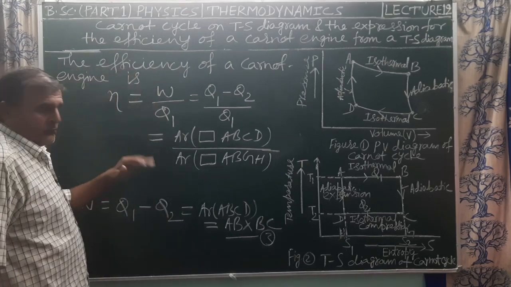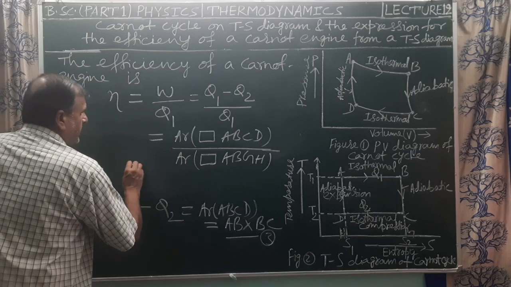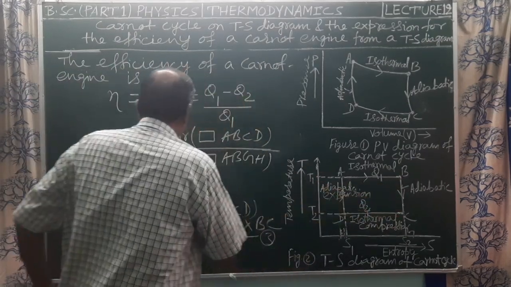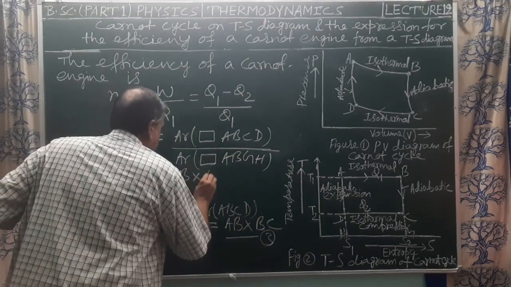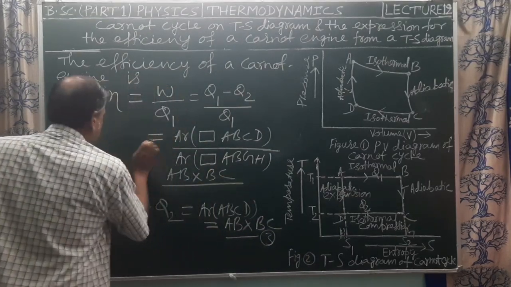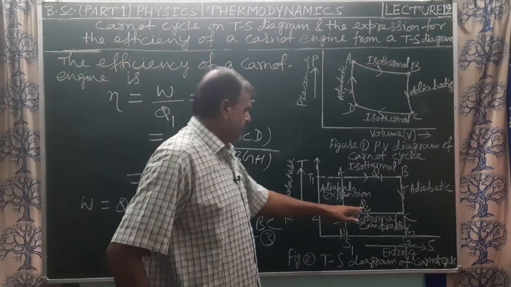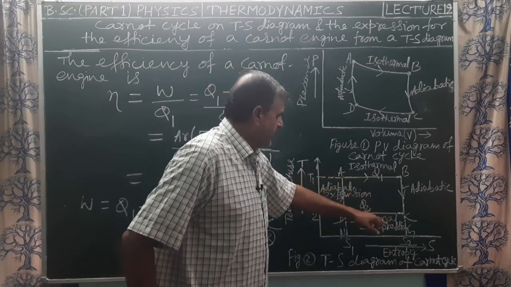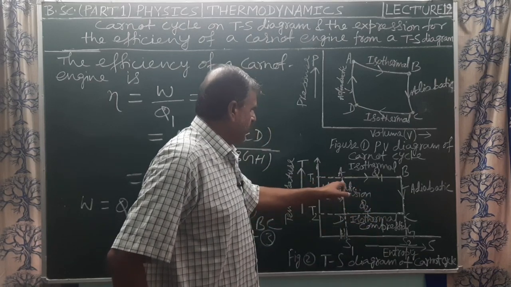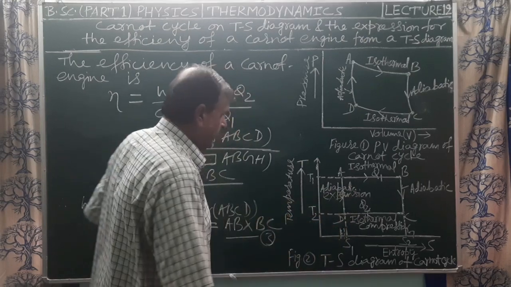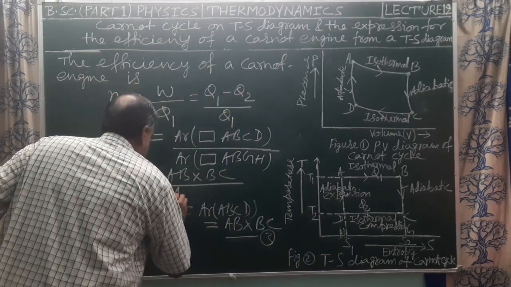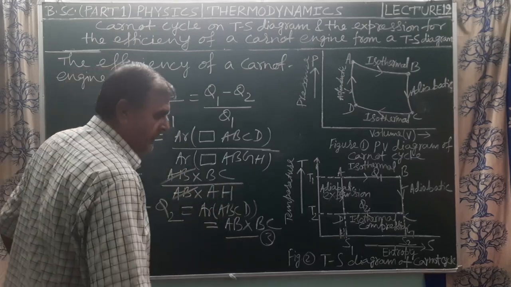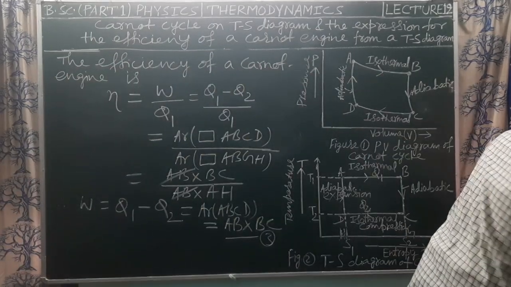The area of rectangle ABCD is AB multiplied by BC, and the area of rectangle ABGH corresponding to Q1 is AB multiplied by AH. AB and AB will cancel out in the numerator and denominator.